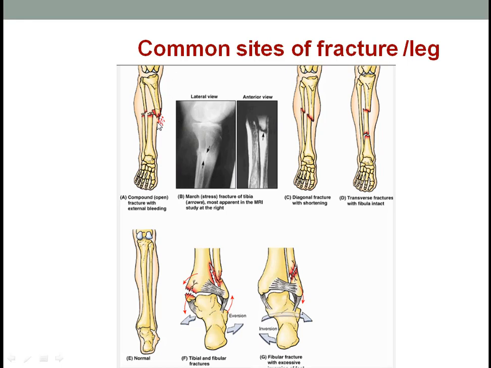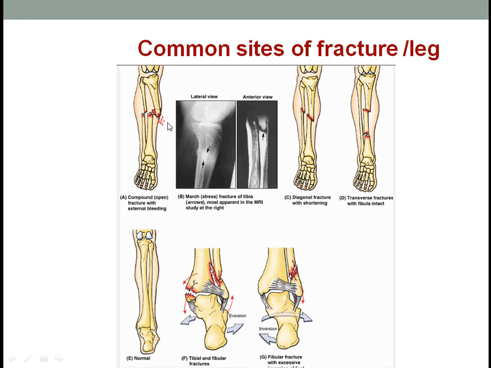It is very common to notice a simple fracture of the tibia usually associated with a wound in the skin, and in such a case we call this an open fracture because it's open to the external environment, and this is why we call it an open fracture.